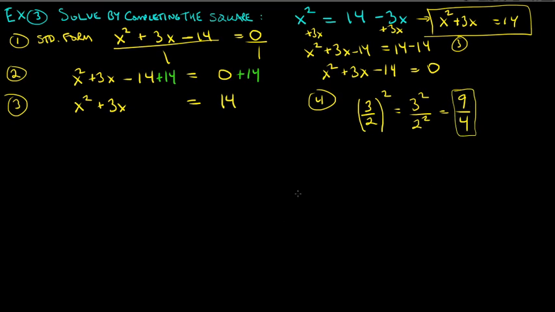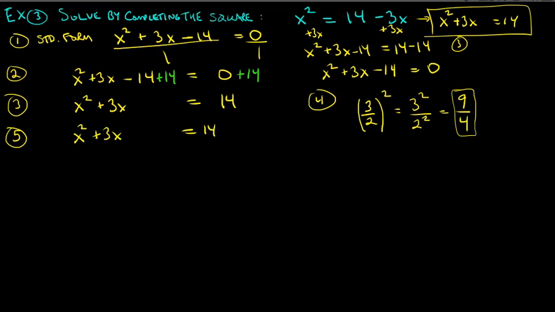Sometimes you get fractions, and that's because the 3 is an odd number. Up until now, I think we had 6 and 10. Those were both even numbers, so when you divide by 2, you get a whole number. But not in this case. In this case, we have 9 over 4 as the answer to step 4. So what's step 5? Step 5 is to add that number to both sides.